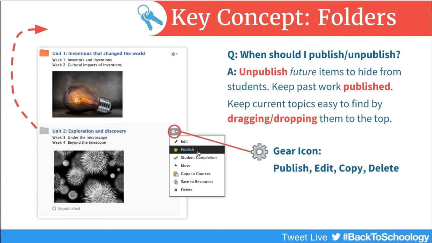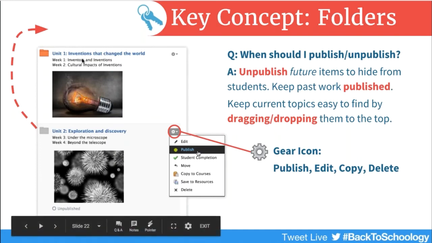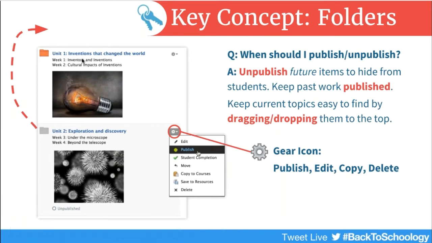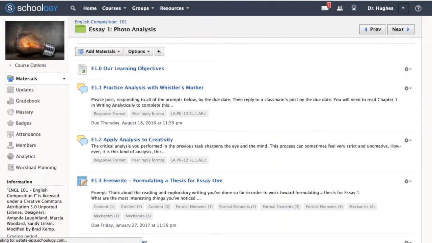You can publish and unpublish those materials, and this is a nice technique shown in this screenshot. Even though my course is organized into units, well, after Unit 1, there's no reason that Unit 1 needs to stay at the top of my course. I can always move Unit 2 up, keeping the most relevant, the current topics at the top.